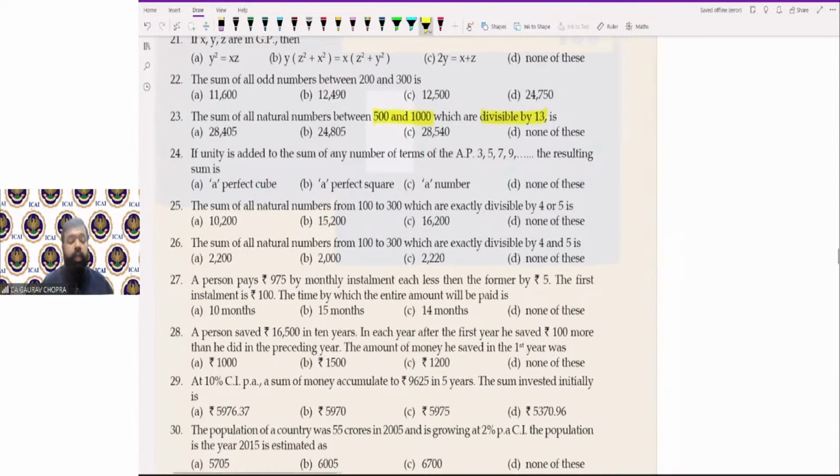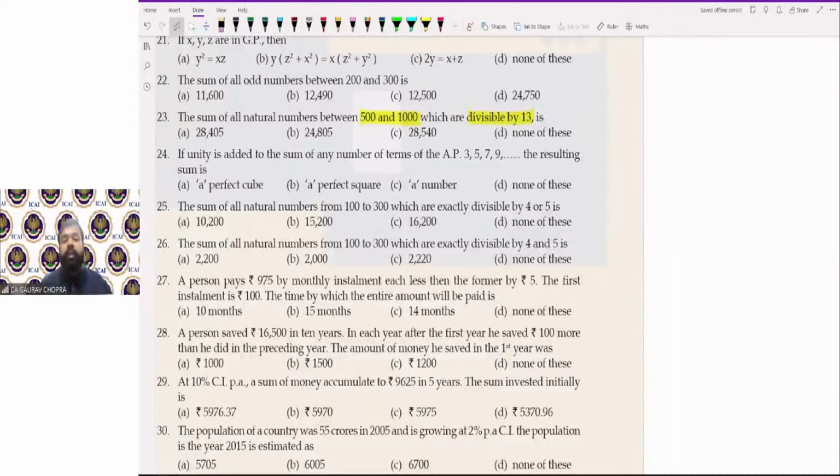You have to calculate this. So what will be the first number which is divisible by 13? After 500 you can try this. So 500 upon 13. Accordingly you will get the next number. 500 divided by 13 is 38.4.